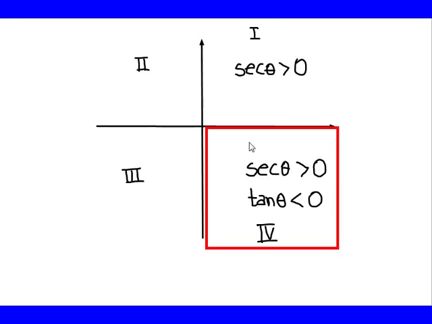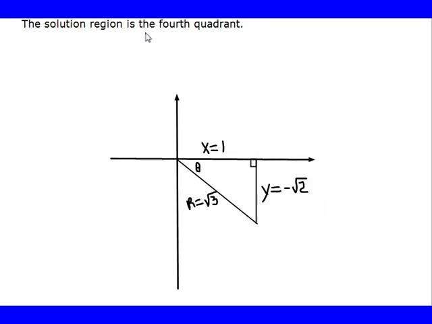We know now that our terminal side must be in the fourth quadrant. So now our solution region is the fourth quadrant. So here we have that x is 1, r is the square root of 3, y is minus the square root of 2, because below the x-axis in the fourth quadrant y is negative.